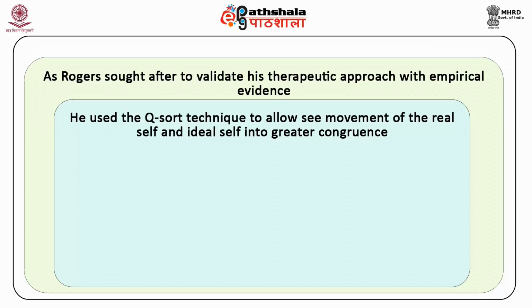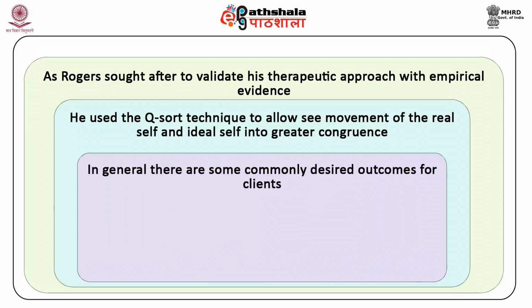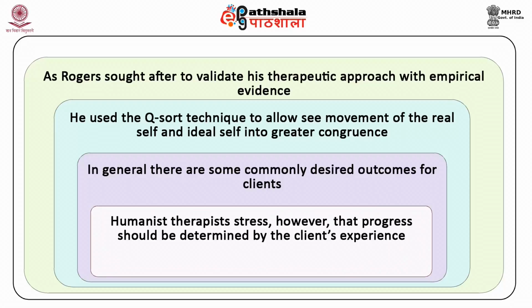Today, with the emphasis on brief therapy, there is amplified expectation that the therapist state specific goals for the client. In general, there are some commonly desired outcomes for clients. The person should be able to function more satisfactorily in his work or family, and troubling symptoms should be reduced. Humanistic therapists stress, however, that progress should be determined by the client's experience, not so much by others.